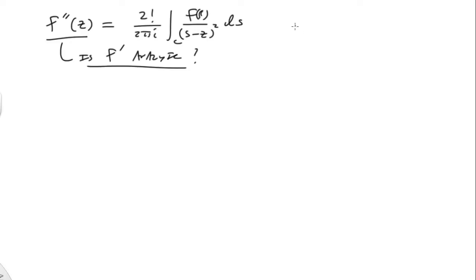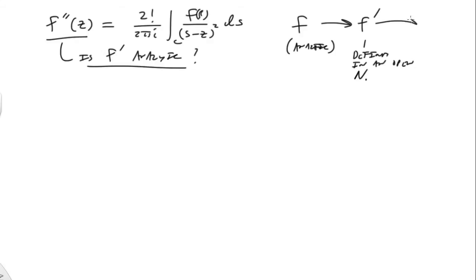Okay, again, let's just back up here. If I have f, and I know it's analytic, that means I can write f prime, and I know it's defined in an open neighborhood. I now have a way of computing f double prime using this formula.